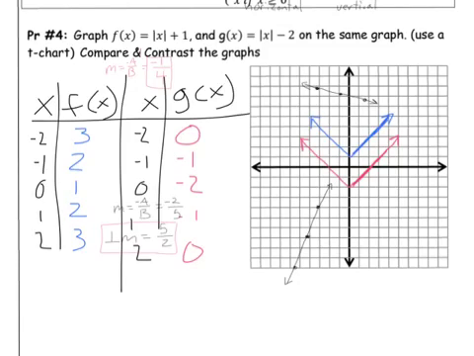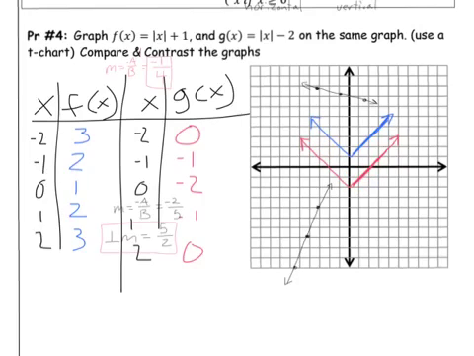Okay, so we plugged in the values for f of x and I got 3, 2, 1, 2, 3. And when I plotted those points, it gave me another little v, but that was just kind of up 1 unit. And when I plugged in the values for g of x, I got 0, negative 1, negative 2, negative 1, 0.